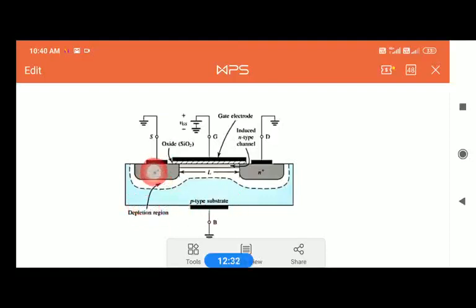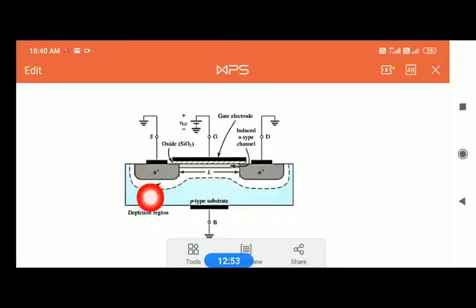This N plus forms one plate, which is N type, and the P substrate forms another plate, which is P type. In between we have a depletion region. The depletion region acts as a dielectric material, as you know the depletion region does not allow charges to flow through it.